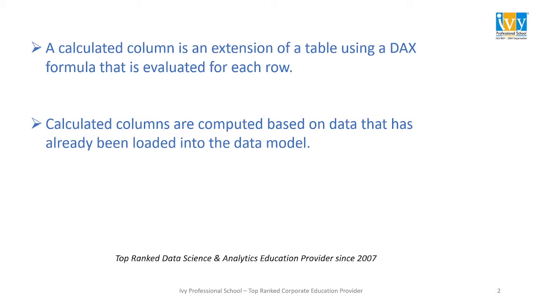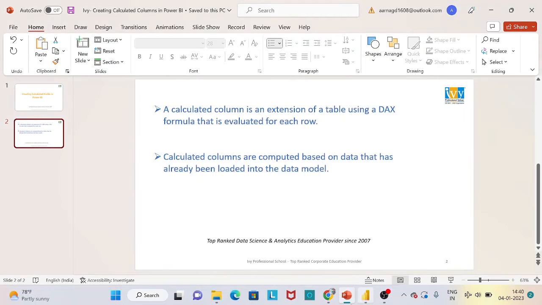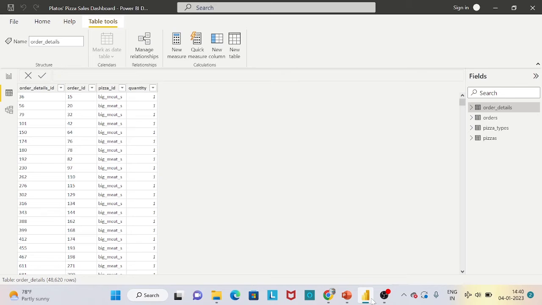Now let's try to understand with an example. So here I have the Maven Analytics Pizza Challenge dataset. On my right hand side fields pane, you can see I have already loaded 4 tables: order details, orders, pizza types and pizzas.